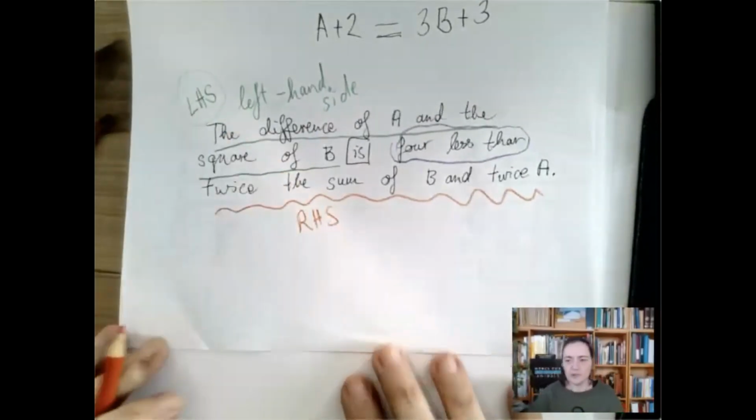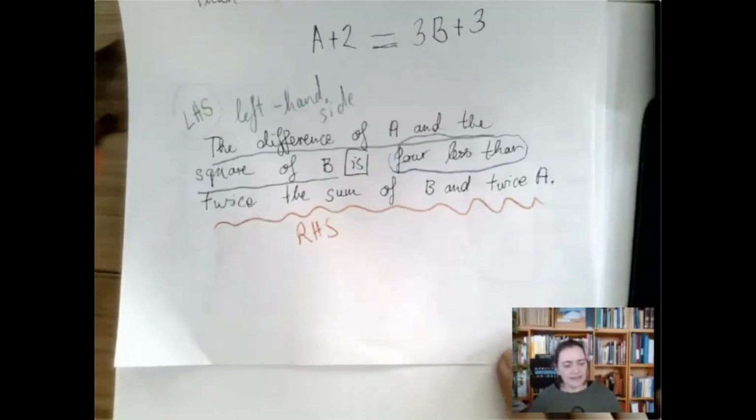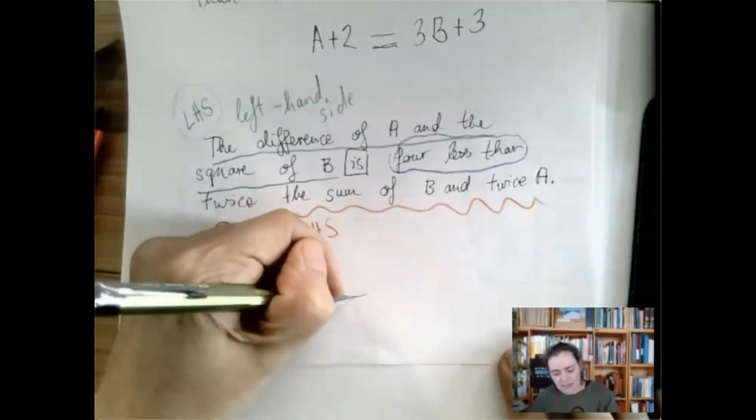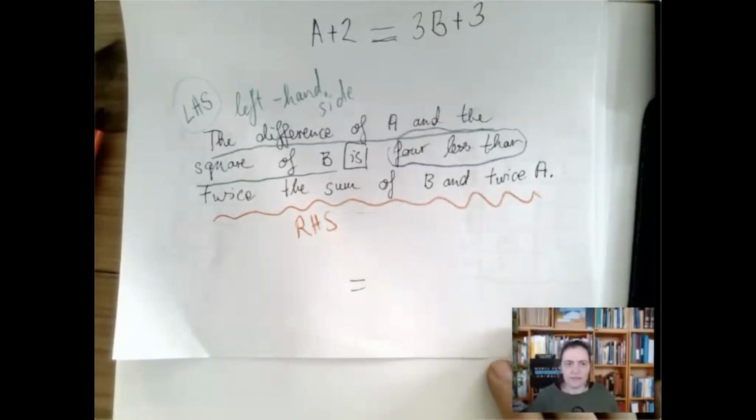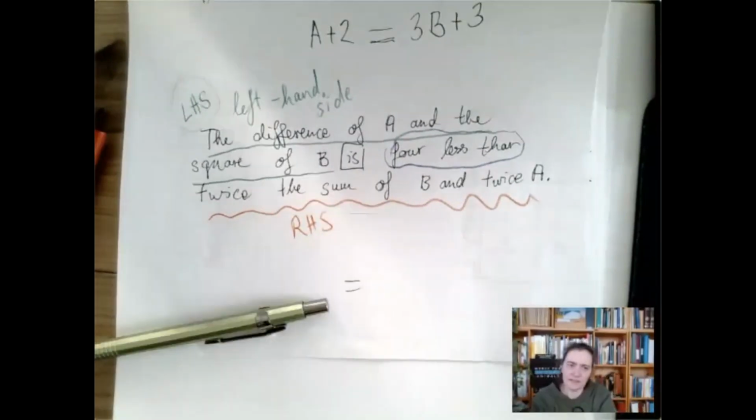So there are 3 things going on here. The is the equal sign. What's the stuff I underlined with green? The left-hand side. What's that? The difference of A and the square of B. Translate the left-hand side, which is the difference of A and the square of B. There's the correct answer.